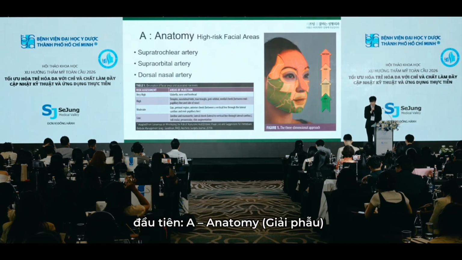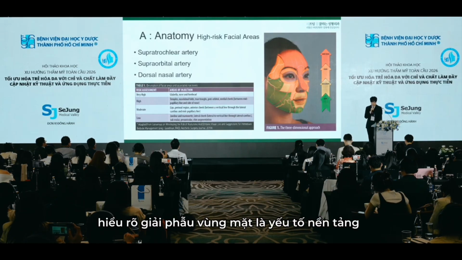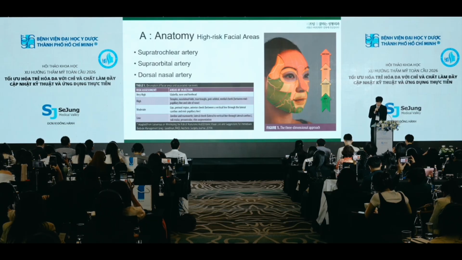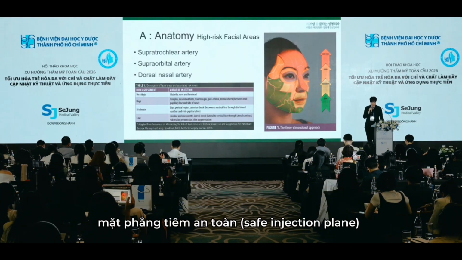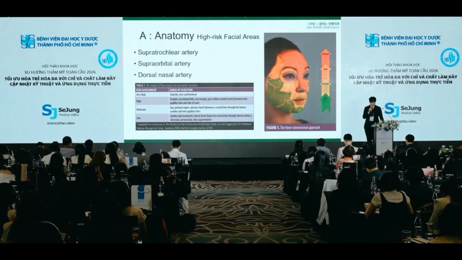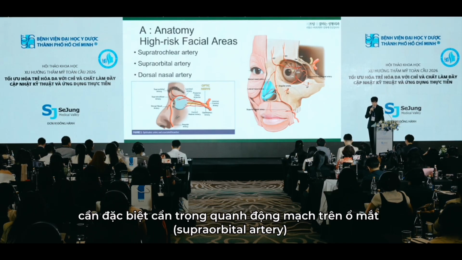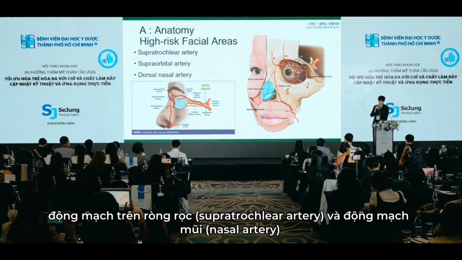First, anatomy. A thorough understanding of facial anatomy is fundamental. We must consider the depth, distribution, and common variation of major vessels and always identify the safe injection plan. Particular caution is needed around the supratrochlear artery, supraorbital artery, and dorsal nasal artery.